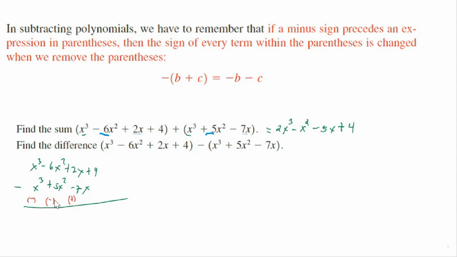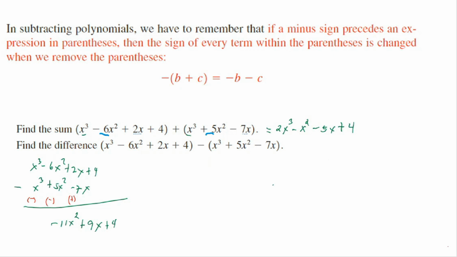It gives us the answer of negative 11x squared. And positive 2x and the new sign positive 7x, we're going to add because they are the same sign. Therefore, it gives us 9x, and positive 4. We don't have any constant on the second term, so we just bring down the positive 4. So now, the difference of the two given is negative 11x squared plus 9x plus 4.